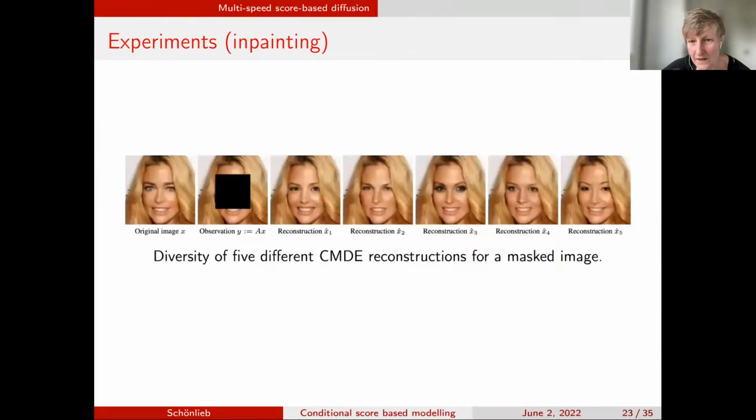And you can also see that if you sample more often, of course, you get different realizations. These are different reconstructions that you can get by solving the reverse SDE with the conditional multi-speed idea.